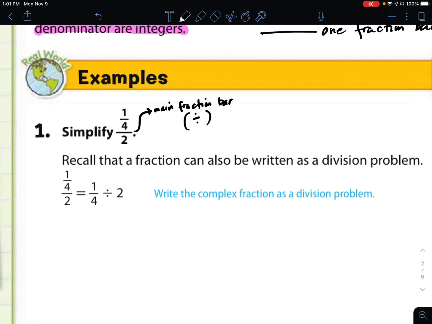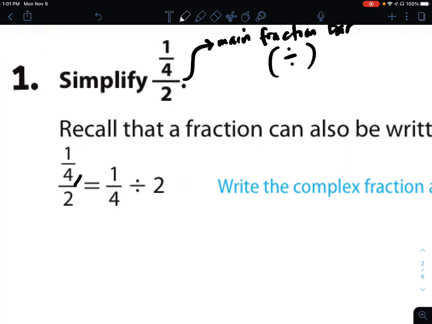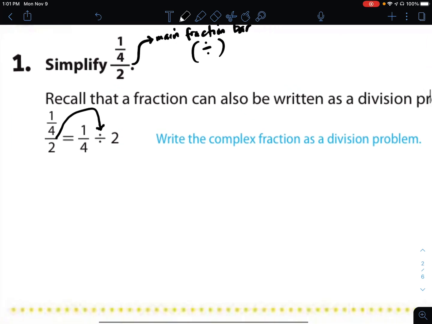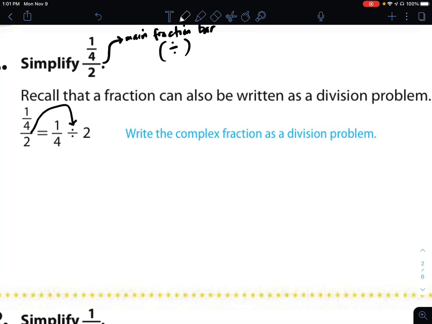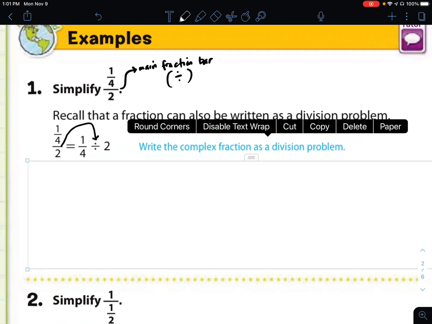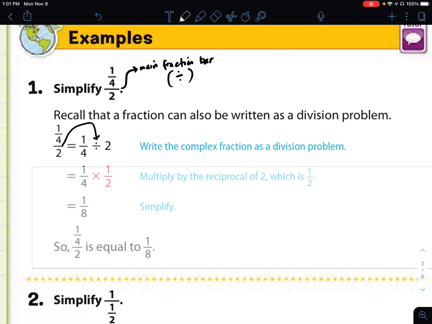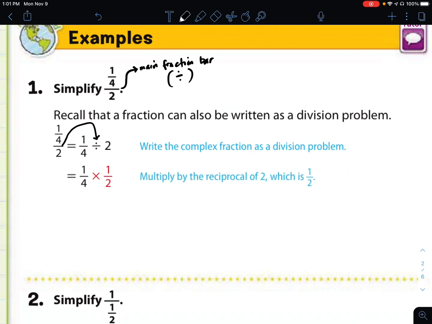So we convert our main fraction bar into the division sign. We learned from chapter 4 that when we are dividing, we are actually multiplying by its reciprocal. And that's exactly what happens here. We multiply by the reciprocal of 2, which is 1/2.